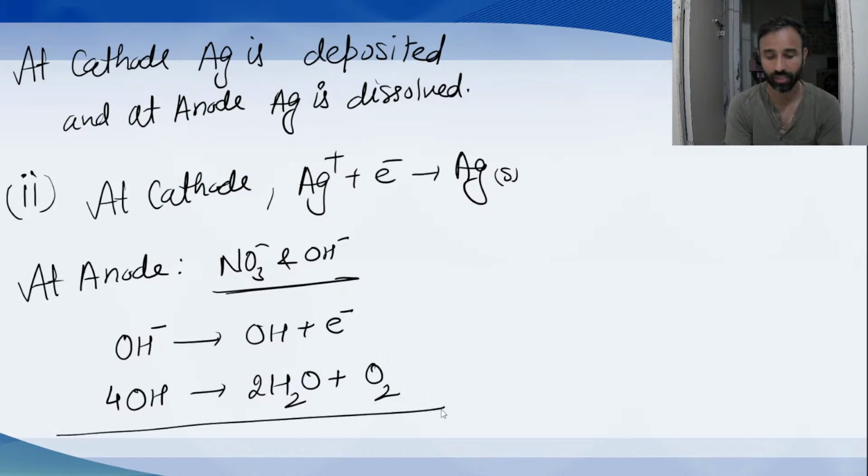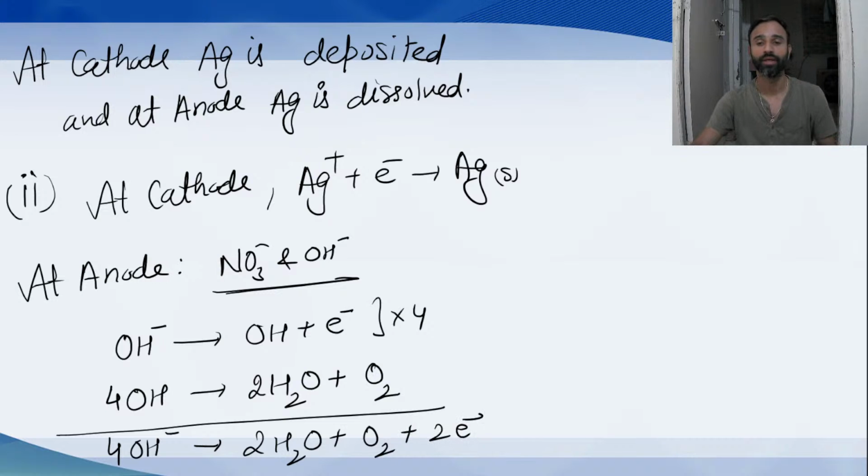So overall reaction is 4 OH negative ion to give 2H2O plus O2 plus 4 electron. So we will say that at cathode silver is deposited, and at anode oxygen is released.